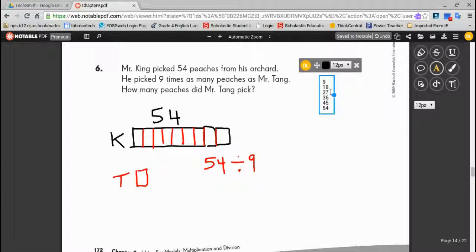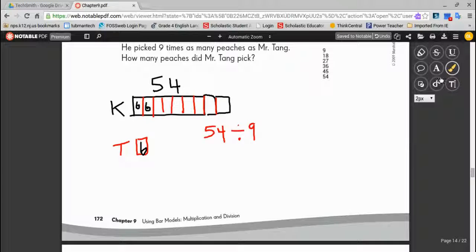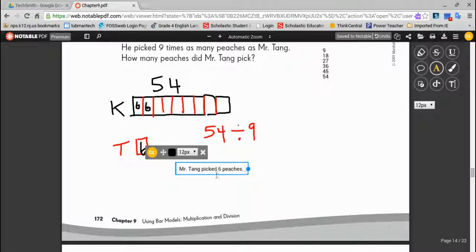So that's 1, 2, 3, 4, 5, 6. So that means each one of these are 6s, which means Mr. Tang picked 6 peaches. And I'll write that in. Mr. Tang picked 6 peaches.